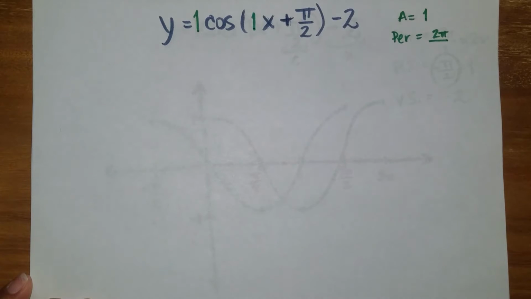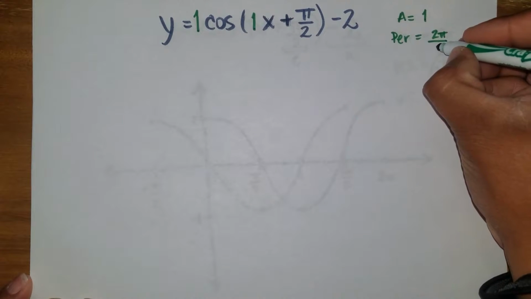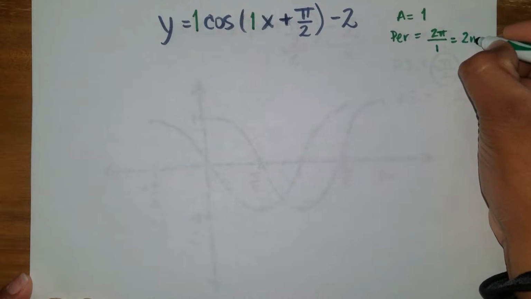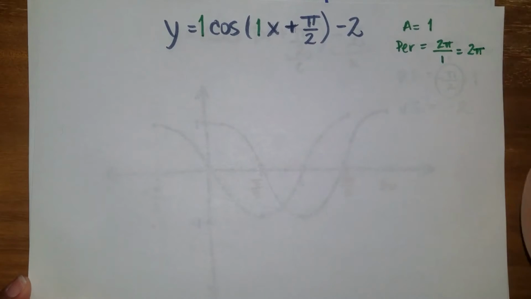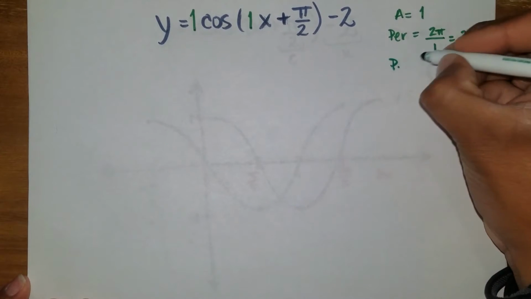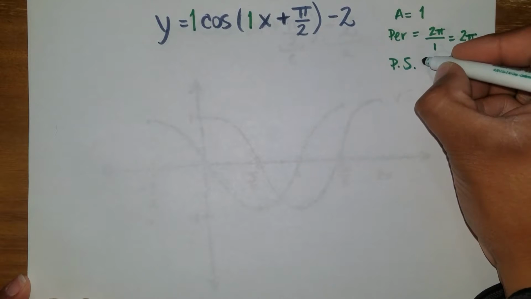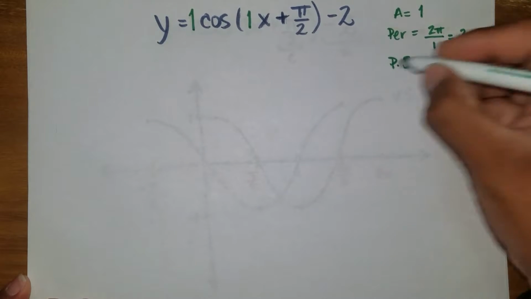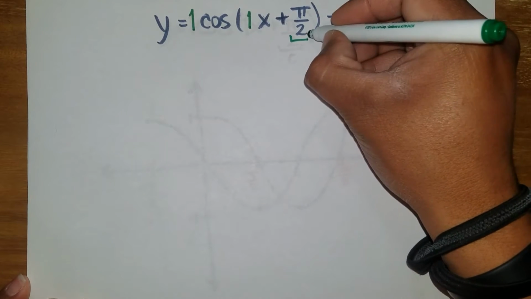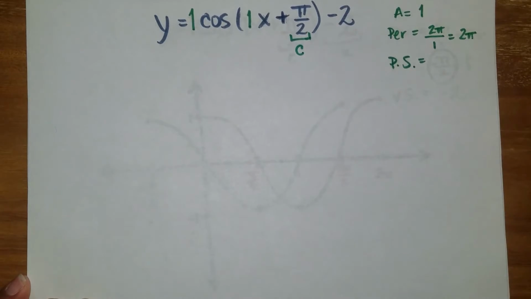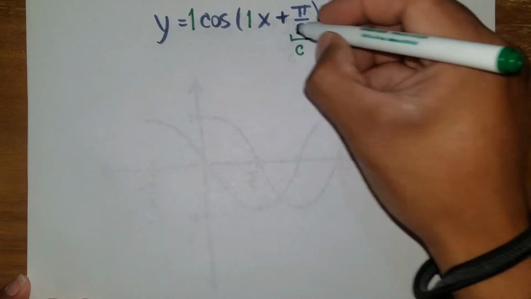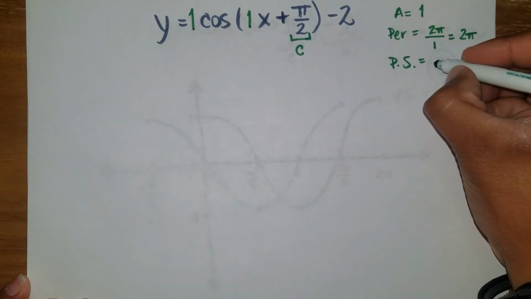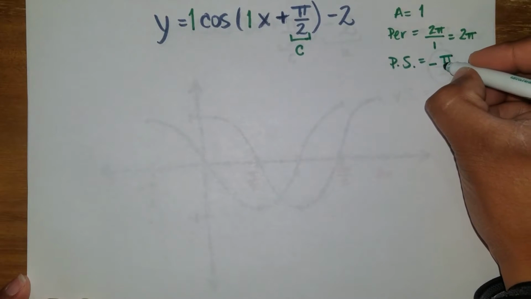Now we take a look at the phase shift. Here we see a difference from the one we had last problem. Here c is given by pi over 2. Pay close attention here, as the phase shift is not going to be positive pi over 2, it's actually going to be negative pi over 2.